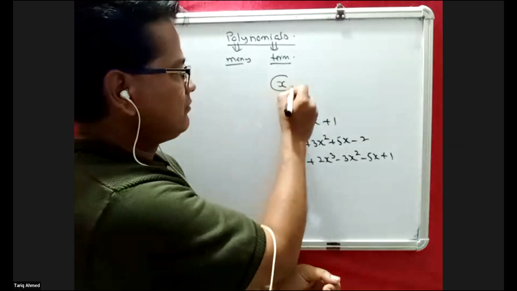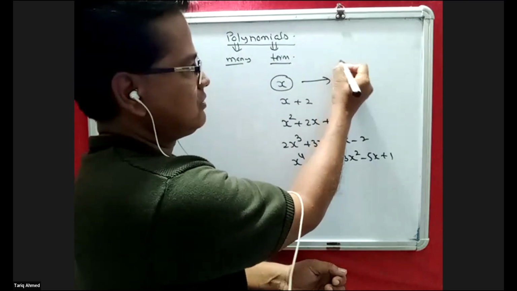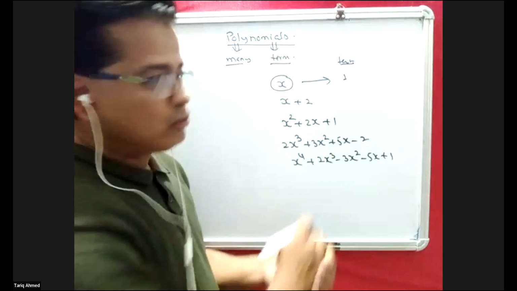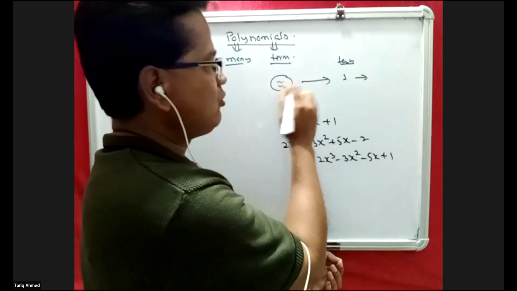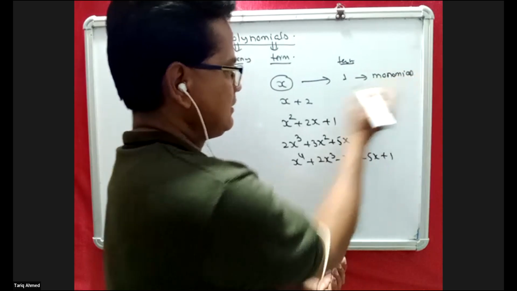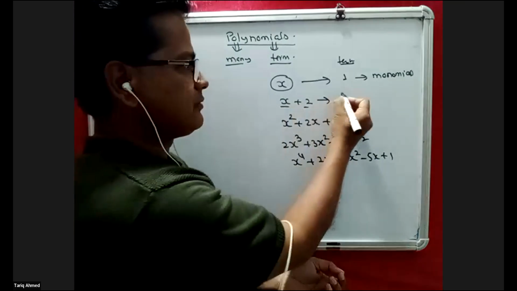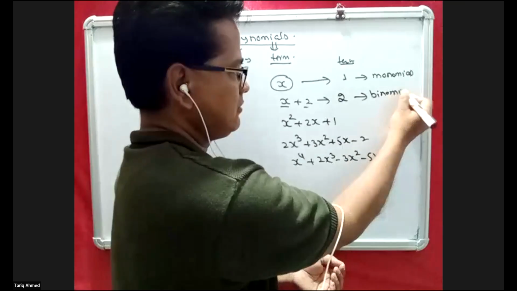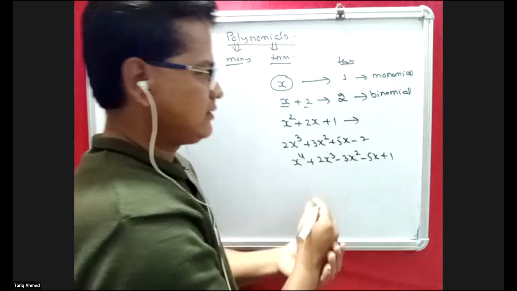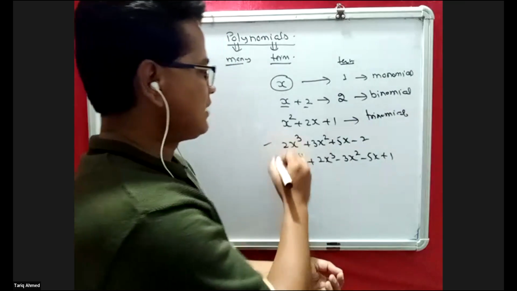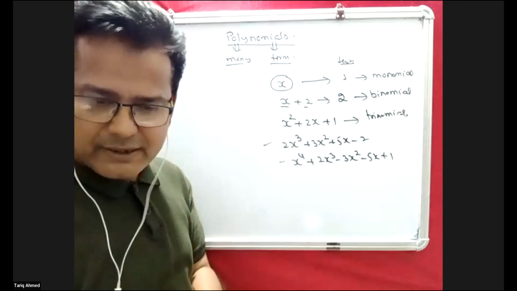Here in this one, only one term is there, so it has a special name. This polynomial is known as monomial. Now, here there are two terms. What is the name? Binomial. Very good. And what is the name for this one? Trinomial. Correct. And then you can call all these polynomials, right?